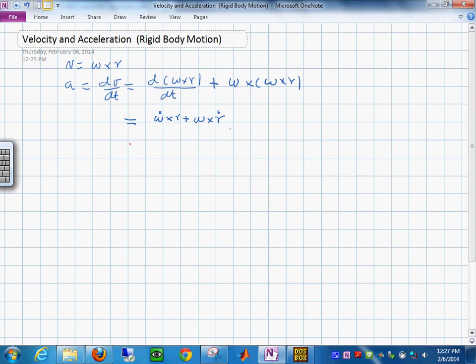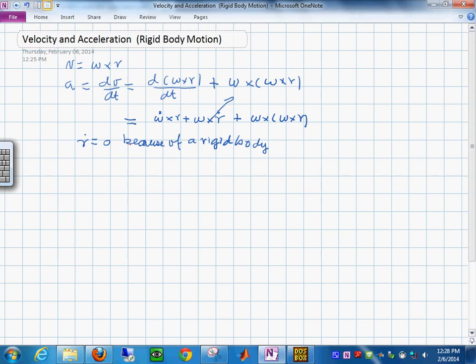And plus, of course, omega cross omega cross R. You see in here R dot is 0 because of a rigid body. Points on the rigid body do not move with respect to each other.